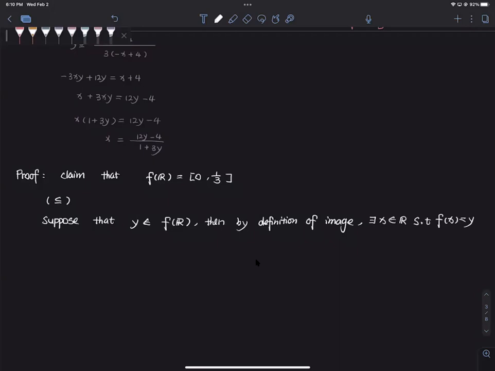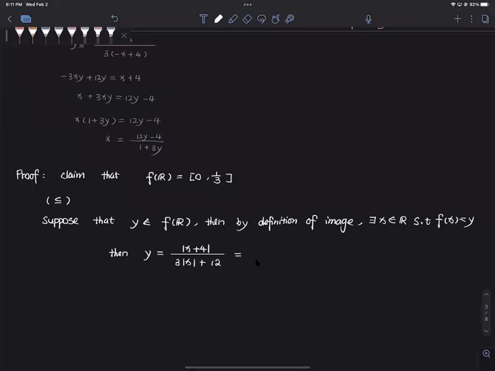Can we use calculus to find the maximum? Well, as long as you don't use calculus in your proof, then you're good. Okay, then y would equal f of x, which is what we have before, which is this, over 3 plus 12.